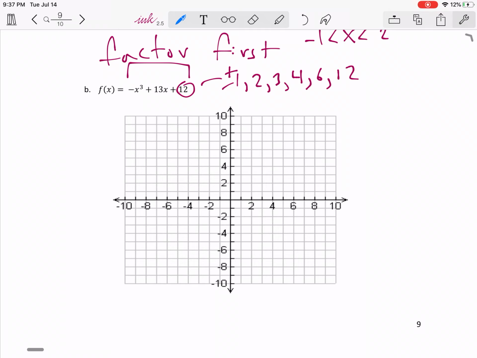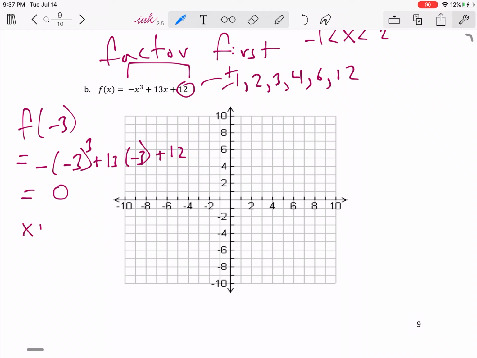Because I've already done this, the one I found that worked was x = -3. The reason I know this works is if you substitute this and work that out, that equals 0. Because that equals 0, that tells you that x + 3 is a factor. This is what we did in the prior topic.